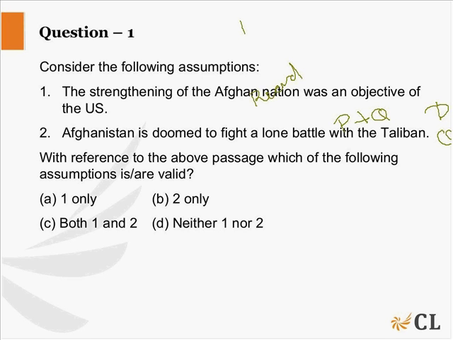Now, if you look at the author over here, when we were reading the passage, we figured out one thing, that the tone of the author, although it was apprehensive, riddled with fears, was not at all critical. So when I say Afghanistan is doomed to fight a lone battle with the Taliban, here the author is becoming critical, so this option is eliminated.